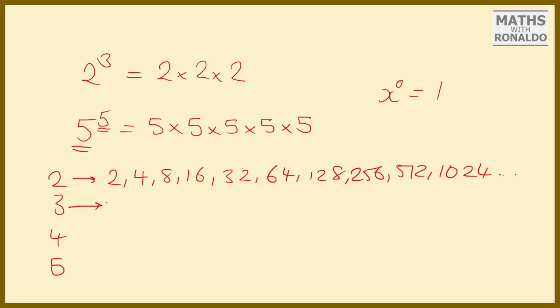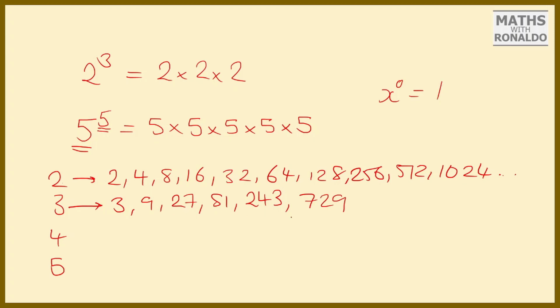And then we have 3 to the 1 is 3, 3 to the 2 is 9, 3 to the 3 is 27, 3 to the 4 is 81, 3 to the 5 is 243, 3 to the 6 is going to be 3 to the 2 times 3 to the 2 times 3 to the 2, so 81 times 9. 81 times 9 is 729.